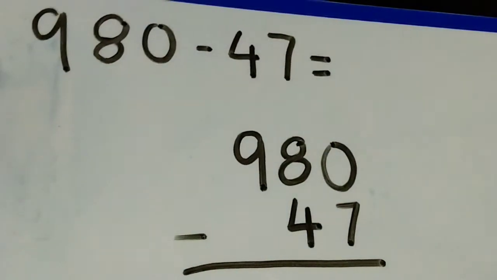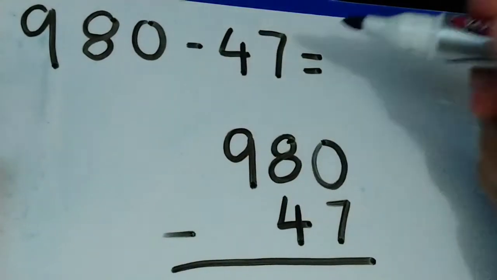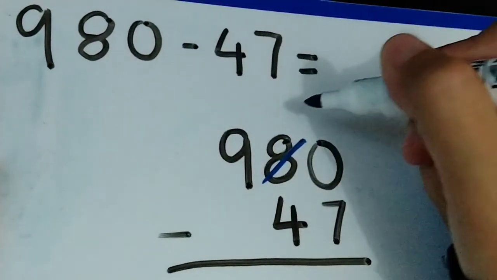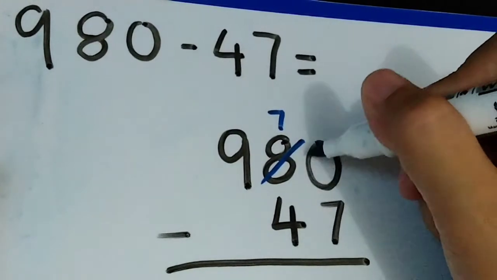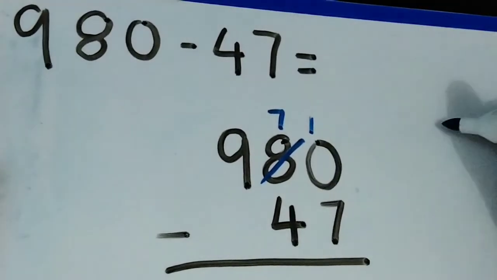So you have to borrow from the next digit, which is 8. So you borrow 1, it will become 7, and the 1 you bring here and it becomes 10.